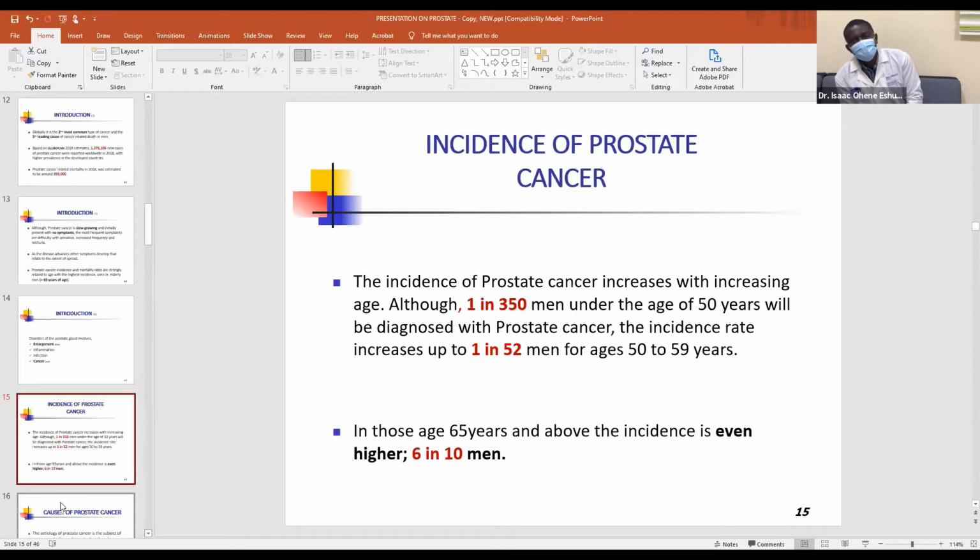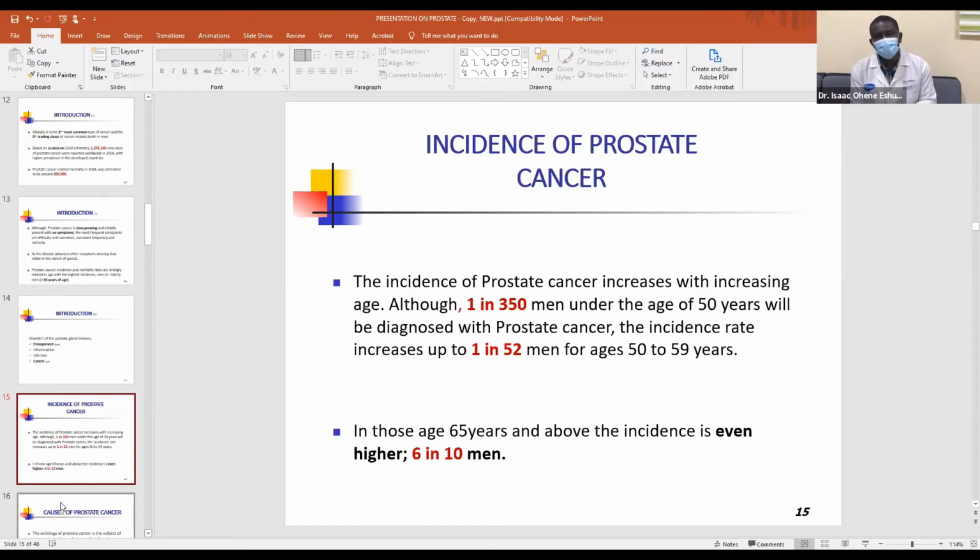So let's look at the incidence of prostate cancer. We said that the incidence of prostate cancer increases with age, and it is 1 in 350. So if you take 350 men among the under-50 age group, one will be a prostate cancer patient. Now, if you move further, you're looking at ages 50 to 59.